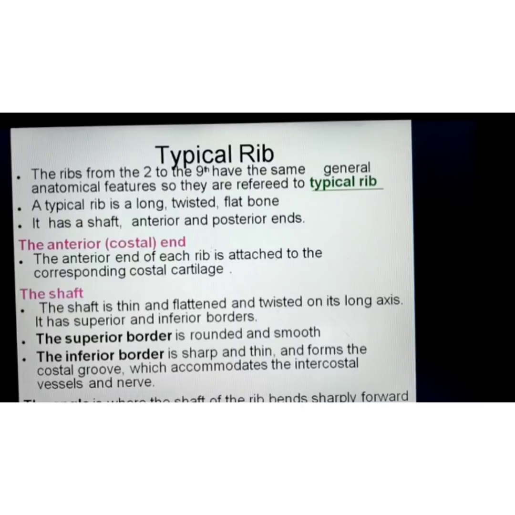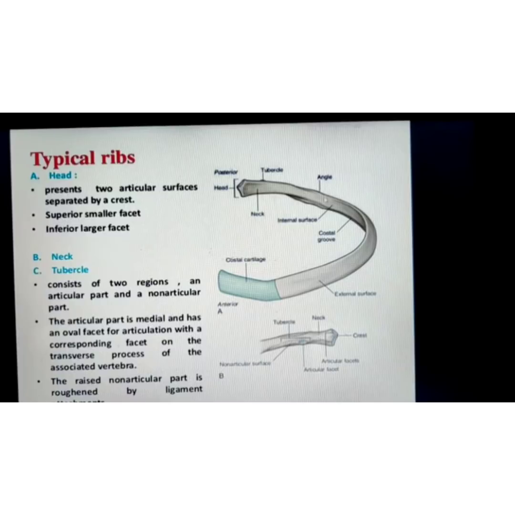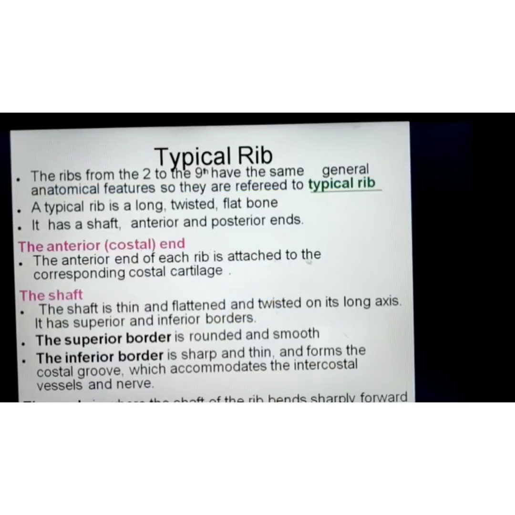Then the shaft is thin and flattened and twisted on its long axis. It has superior and inferior borders. If you see, this is the shaft of the typical rib, which has the superior border and the inferior border. The superior border is rounded and smooth.